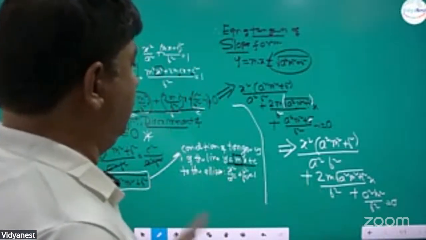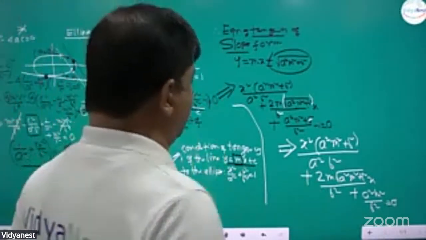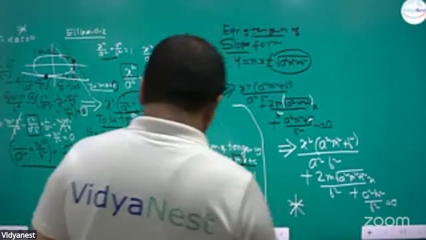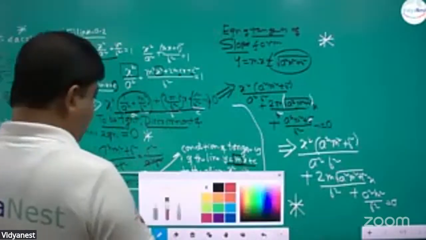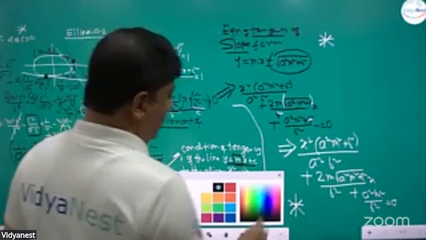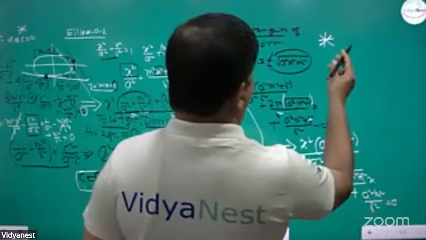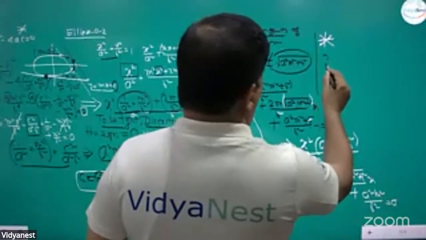Now we have nothing but to take the LCM in the adequate place. So I am shifting here. See, take the LCM. x square.